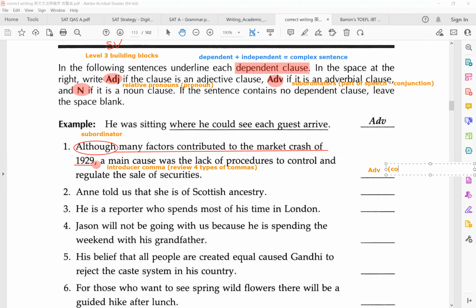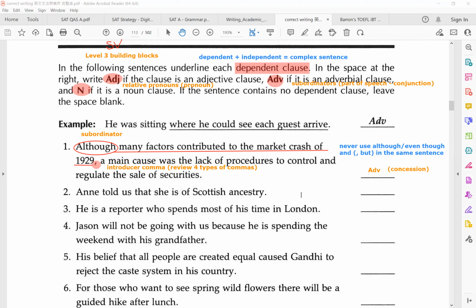It is indicating concession. All right, so one key point to remember is that we never use although or even though and but in the same sentence. So a lot of Chinese speakers, they like to say, oh, even though blah, blah, blah, but blah, blah, blah. That is incorrect. Because if you remember, comma, fanboys equals semicolon equals period.